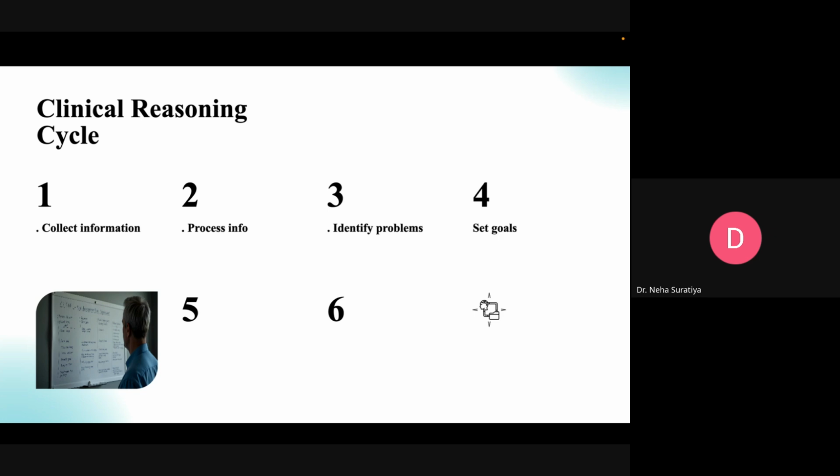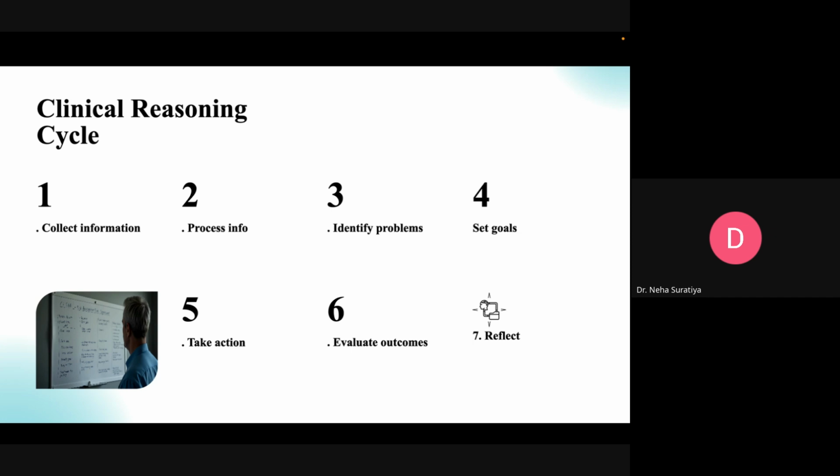Then set the goals. Your goal could be lowering the blood pressure or lowering the risk of heart attack. That goal can be anything. Your next point is take action. Fifth, take action according to your goal. Once you have taken action, evaluate the outcome.